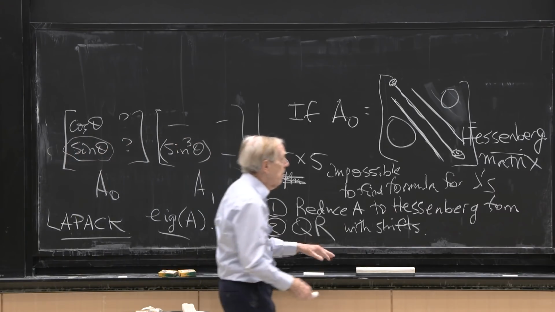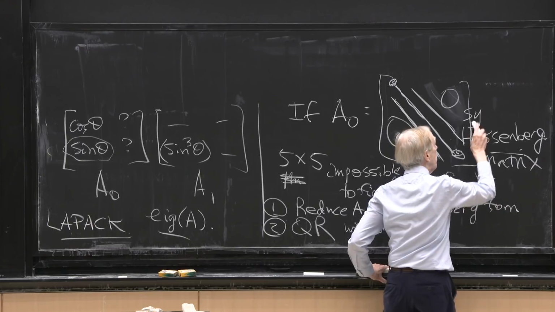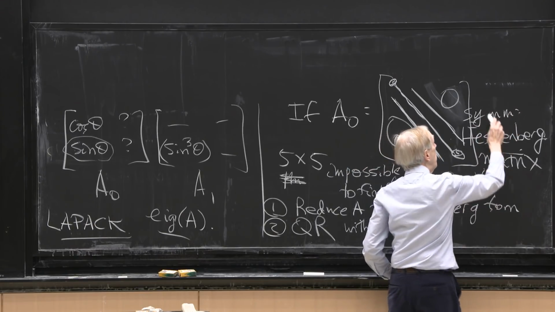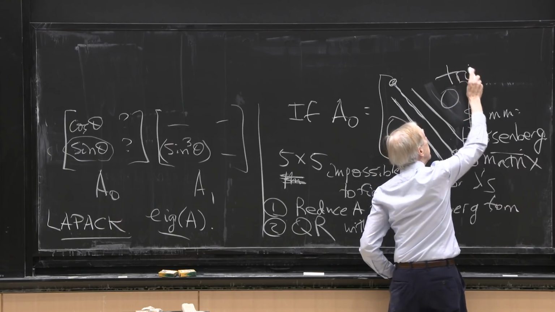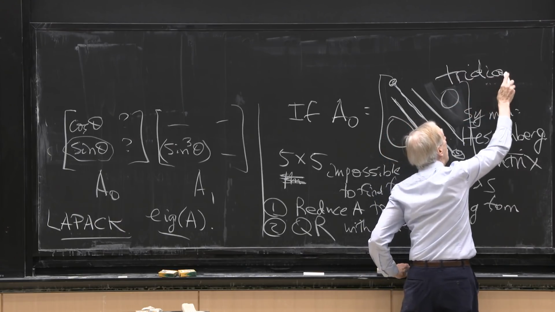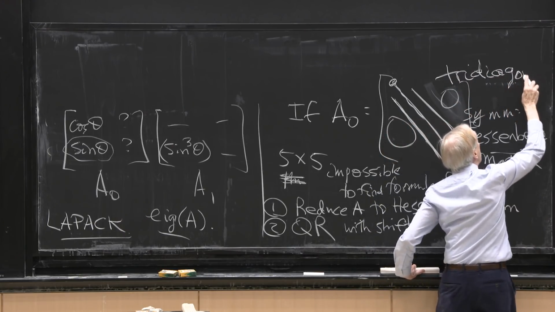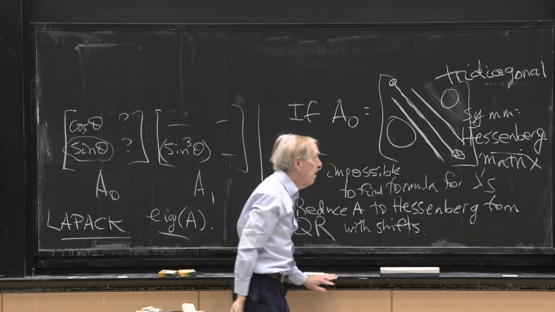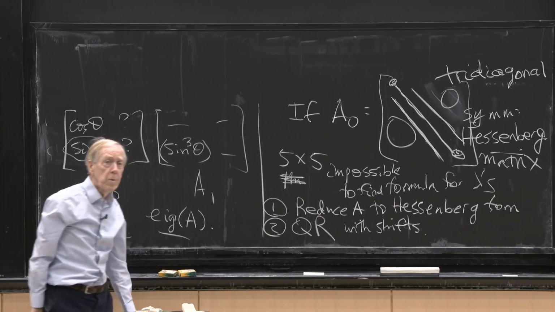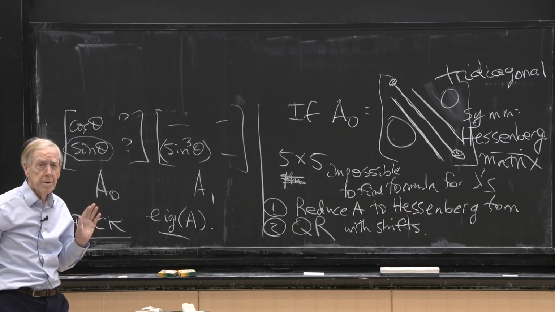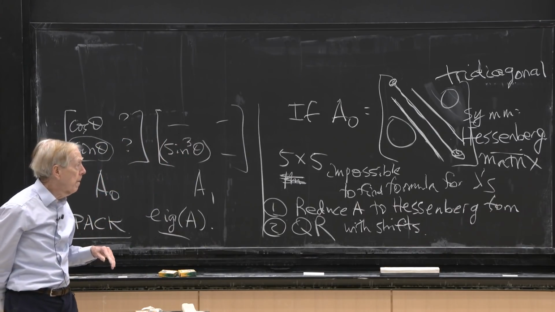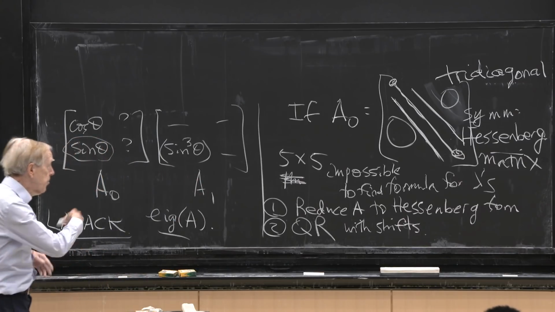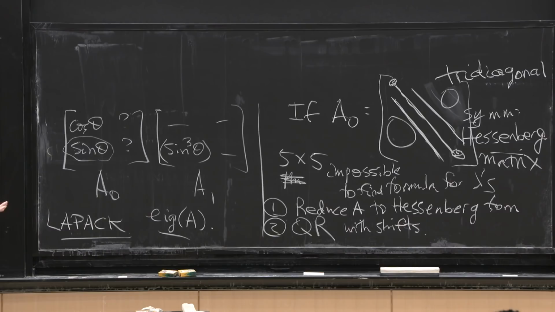So now I should write: symmetric Hessenberg matrix equals tridiagonal matrix. Yeah, 3 diagonals. So now you really have reduced the time to do QR, because you've got a tridiagonal matrix. It'll stay tridiagonal in all these steps.